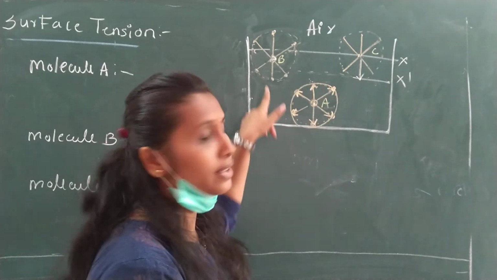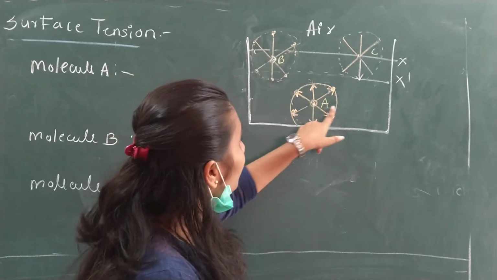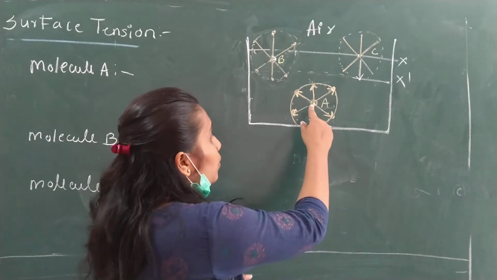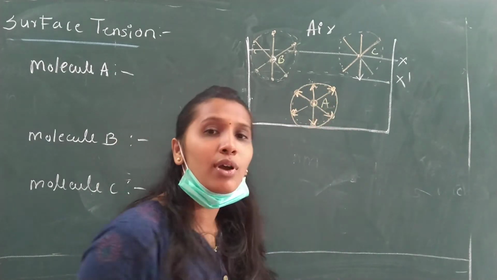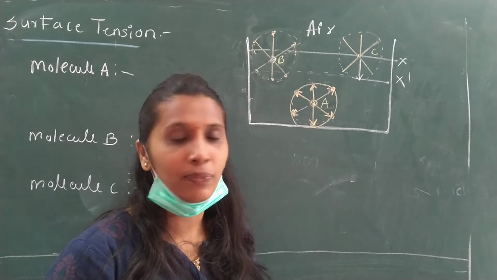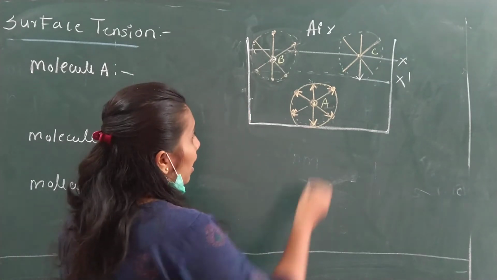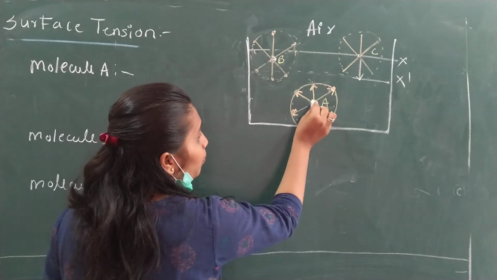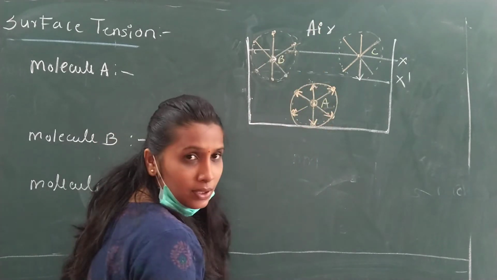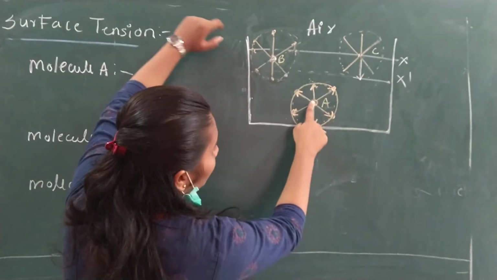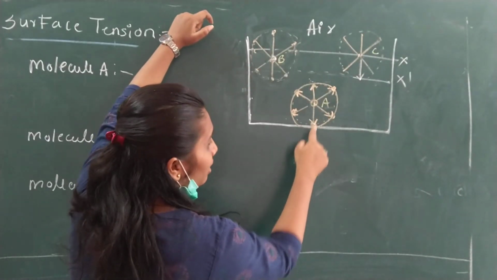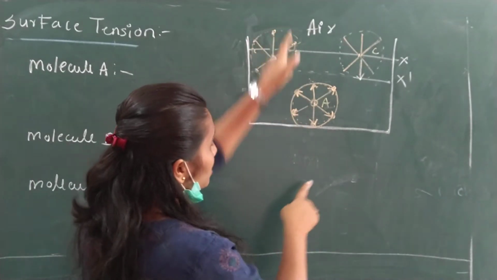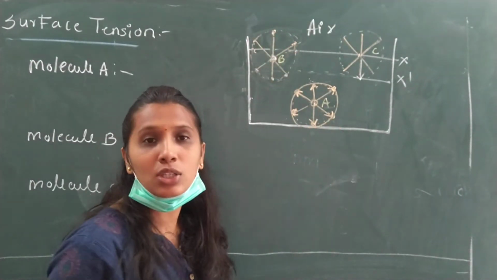Because this is all water and the molecules surrounding A are also of water. So 2 water molecules will have cohesive force of attraction between them. So if I talk about the upper molecule, which is exactly on the upper side of A, it will try to pull it in upward direction. At the same time, the molecule which is present at the lower side will try to pull it in downward direction. So the net force acting on A will be 0.